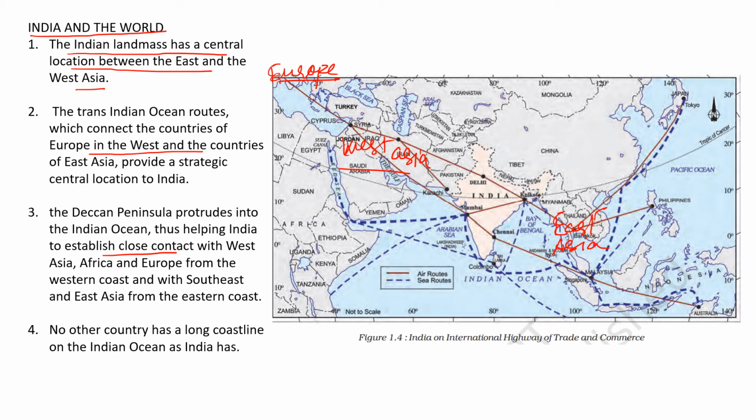The Deccan Peninsula protrudes into the Indian Ocean, thus helping India to establish close contact with West Asia, Africa and Europe from the western coast, and with Southeast and East Asia from the eastern coast. This is the Deccan Peninsula, merging into the Indian Ocean.